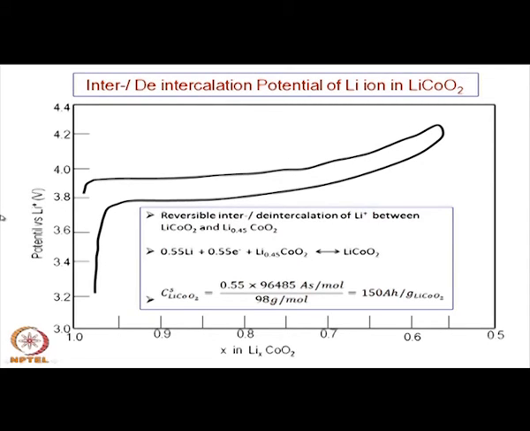That means the intercalation is taking place by electrochemical means. So, how much potential you have to apply to introduce how much x quantity of lithium into the system. As I mentioned, the maximum one can introduce is about x equal to 0.5, not 1.